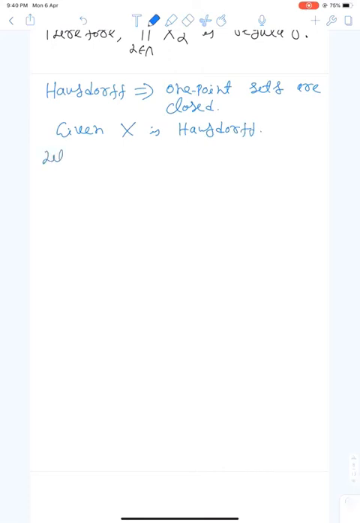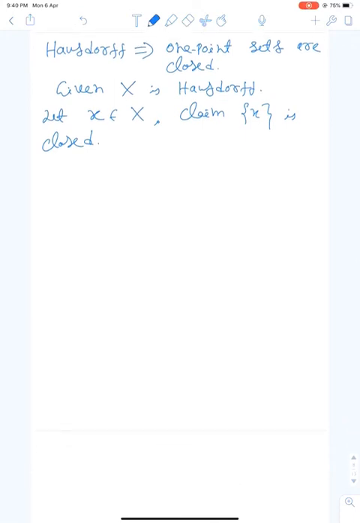Now let x belong to X. We need to prove that the singleton set {x} is closed, right? But it is easy to prove that, that is X minus {x} is open.